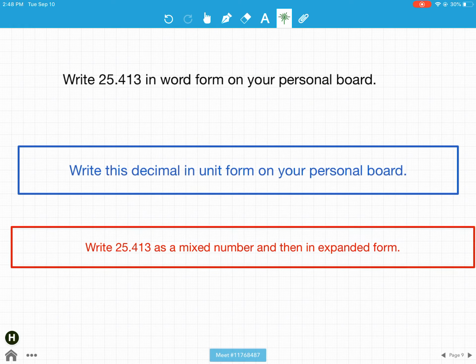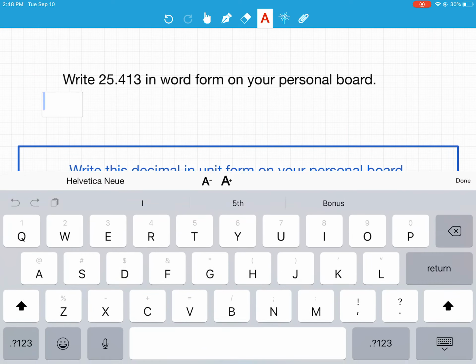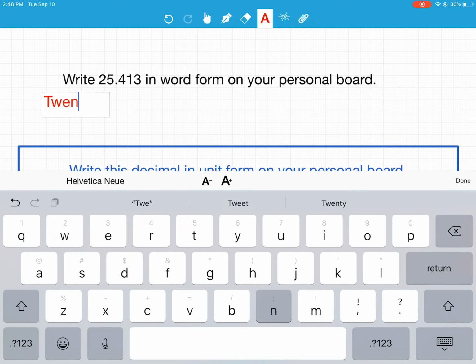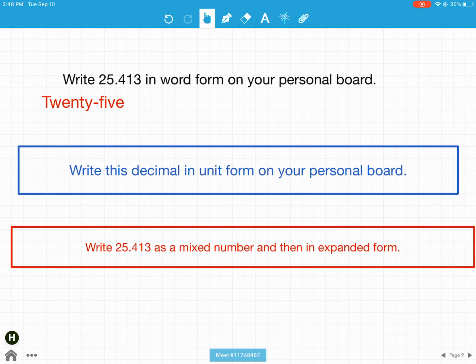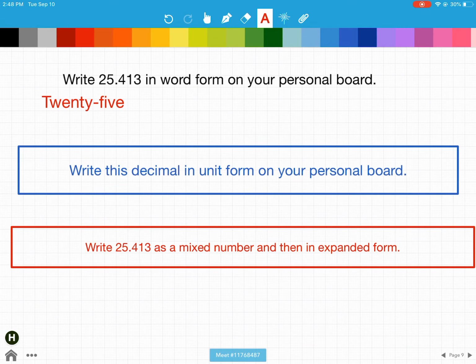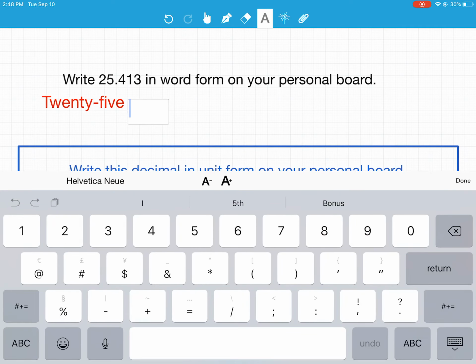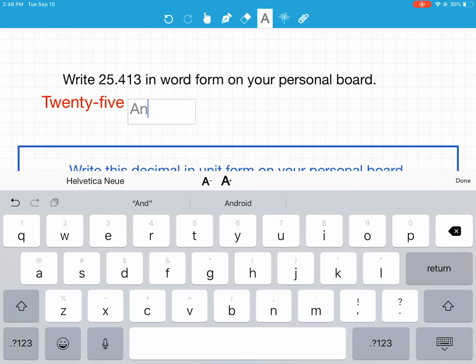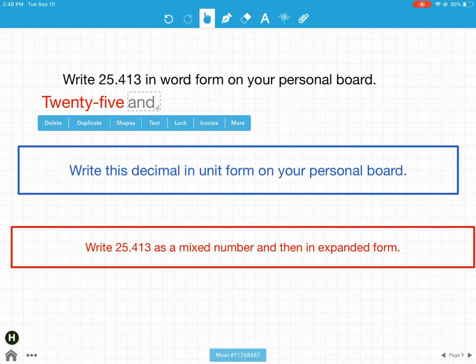Now we have to do this in word form. I'm going to go ahead and do this in word form. It's basically how you would say it. So we would go 25 and then we're going to use the word and that represents the decimal.